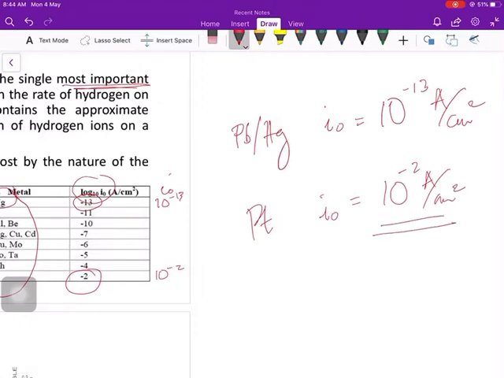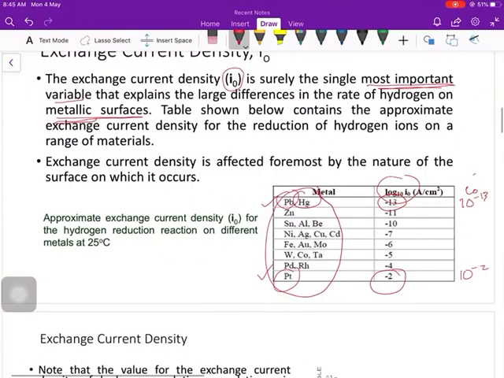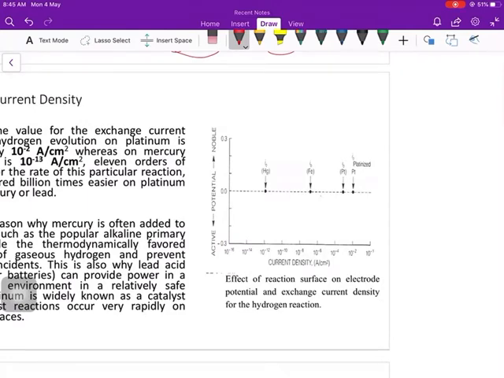The higher value means that hydrogen evolution is very fast on the platinum surface as compared to lead or mercury, about 10 to the power of 11 times faster.